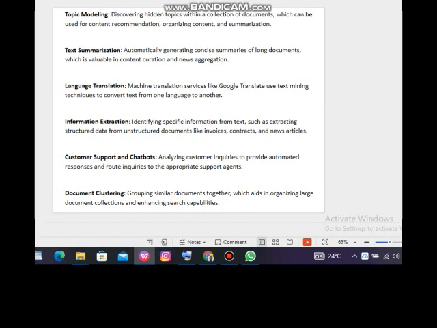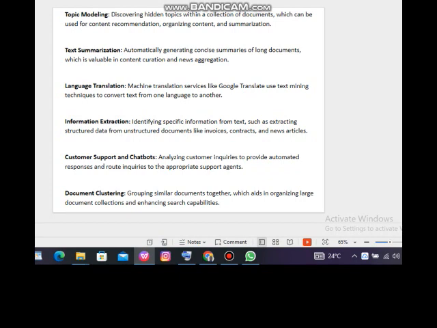Information extraction, identifying specific information from text like extracting structured data from unstructured documents like invoices, contracts, and news articles. Customer support and chatbots, analyzing customer inquiries to provide automated responses and route inquiries to the appropriate support agents.